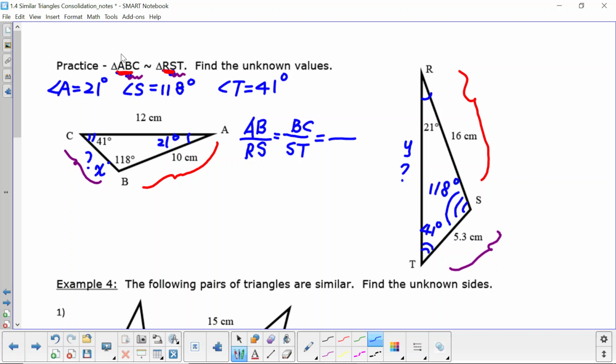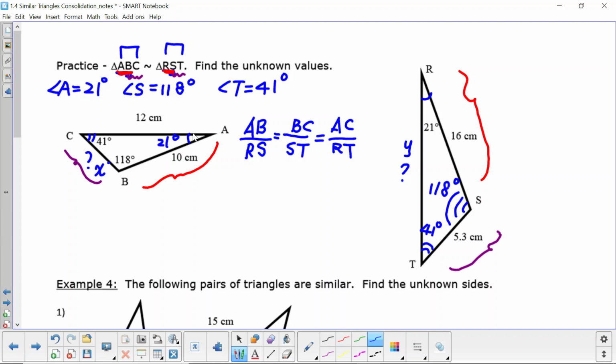You could do first, last, or you just write whatever is left for the last ratio, so AC over RT. So we have these three ratios equal.